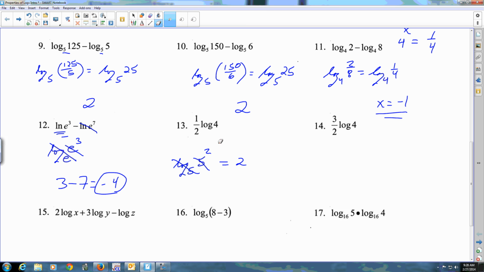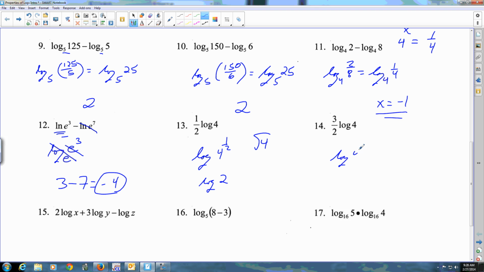Let me move this piece out of here. All this is saying is use the properties, so stuff the half back up, and you have log of 4 to the half. Well, that's saying the square root of 4, so that's really saying log of 2. Put this back up.